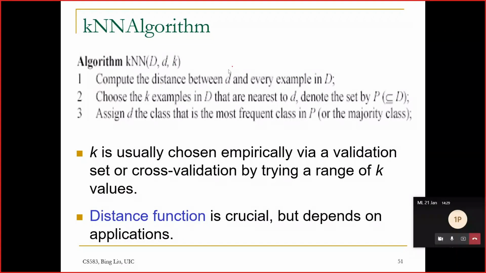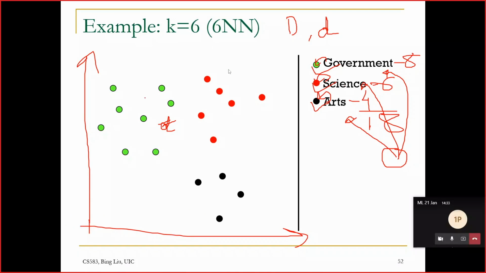Compute the distance between the new sample and every example given in D. So how can we represent this mathematically? Can we write it this way?